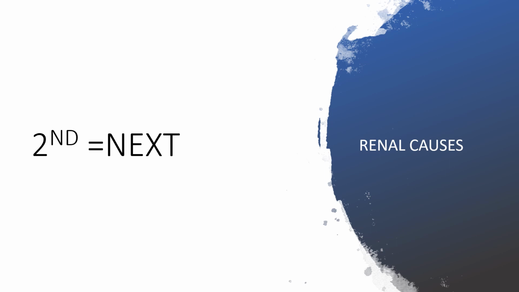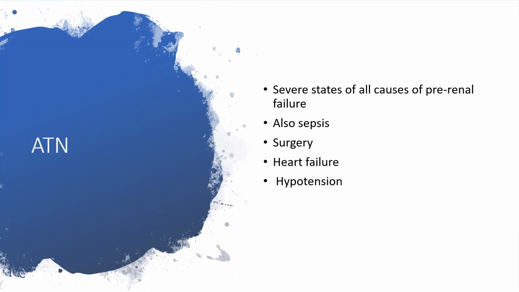The second one that I'll be considering will be renal causes, that is, the problem within the renal system itself, intrinsic factors causing renal failure. Acute tubular necrosis is a kind of continuation of pre-renal causes, progressing inside the kidney itself, leading to the renal cause of renal failure.